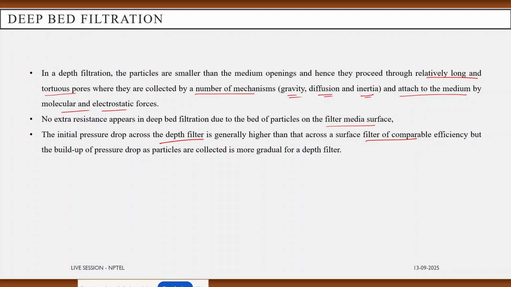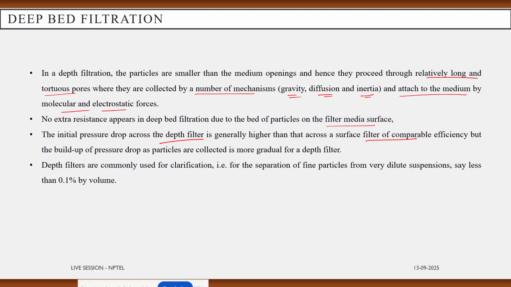For the same efficiency, the pressure drop is higher for deep bed filtration because the particles pass through the channels of the filter medium. The buildup of pressure drop as particles are collected is more gradual for a depth filter.